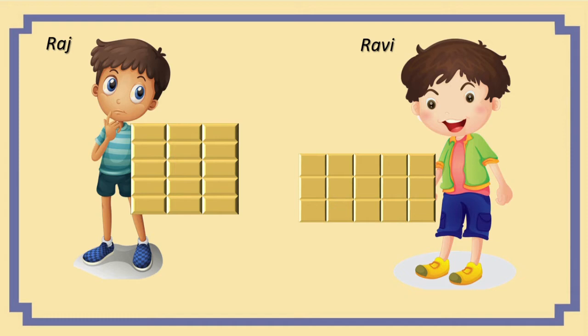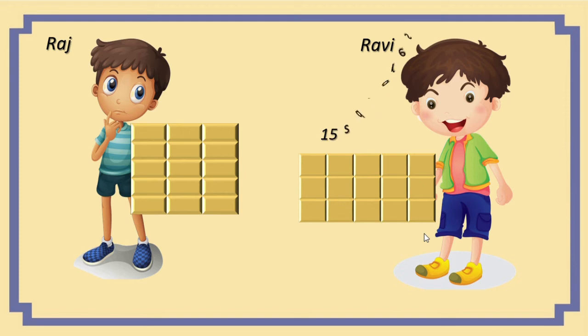Okay, now here one method is there. Yes, now we will count the squares. Okay, both of them have the same type of chocolate. The squares are there on both the chocolates, isn't it? We will count them.